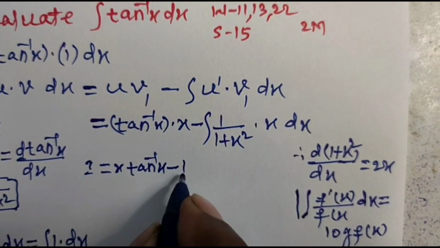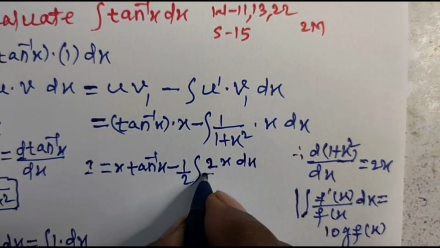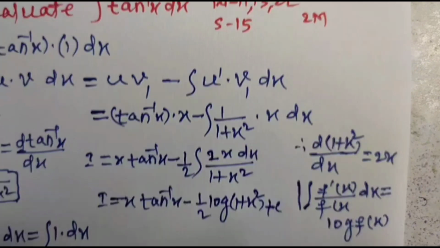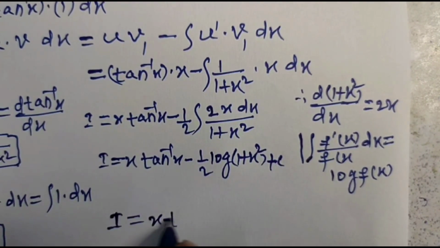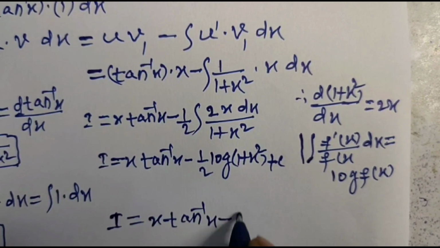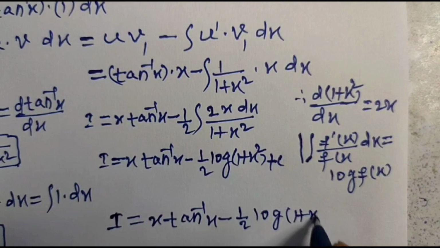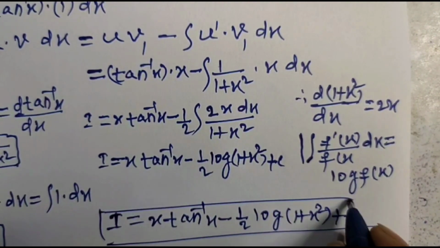Hence minus 1 by 2 integral of 2x dx divided by 1 plus x square. Numerator is derivative of denominator. So using this formula, finally you can write I is equal to x into tan inverse x minus 1 by 2 logarithm of 1 plus x square plus integral constant c. This is the value of the given integral.